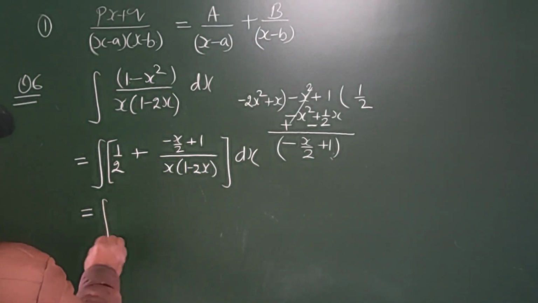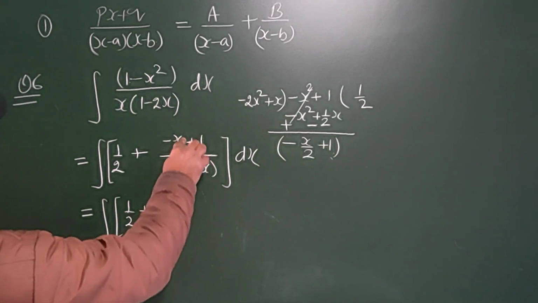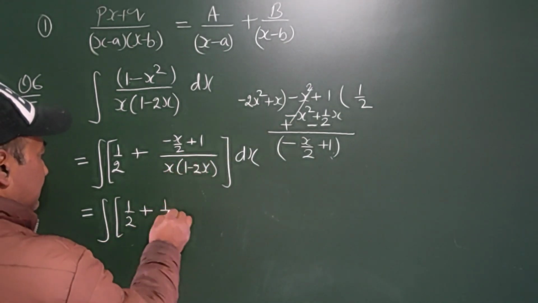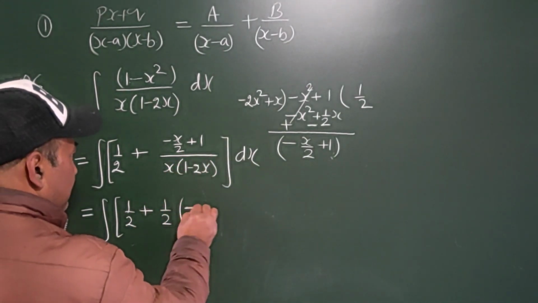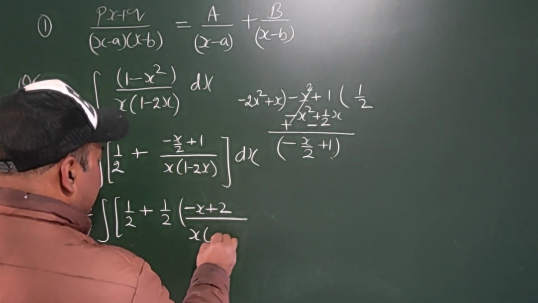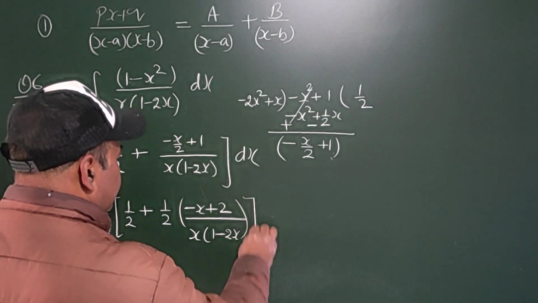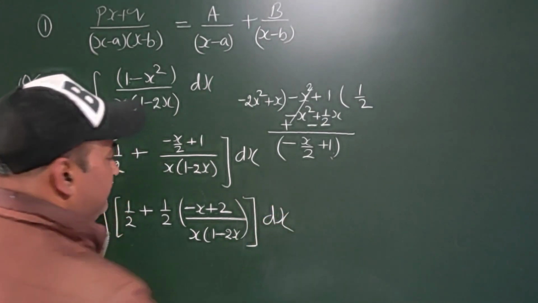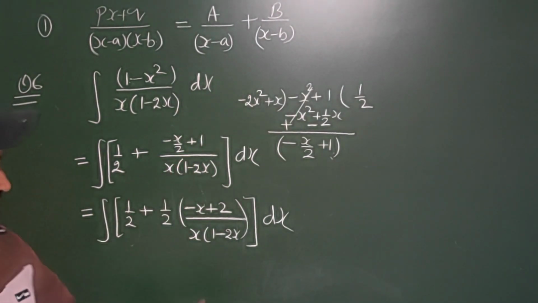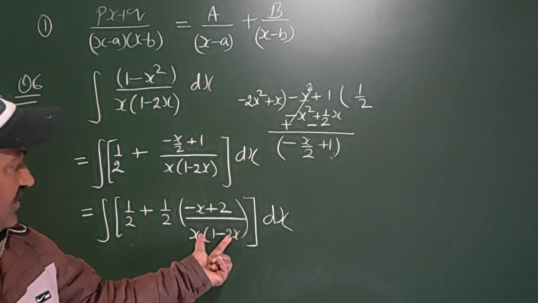This implies it becomes 1 by 2 plus, taking 1 by 2 and the LCM in the numerator, (minus x plus 2) upon x into (1 minus 2x) into dx. This becomes this.